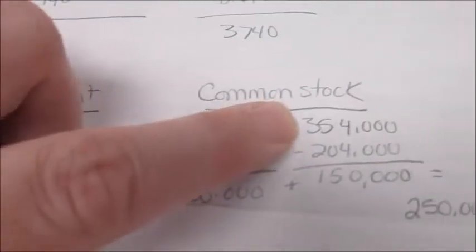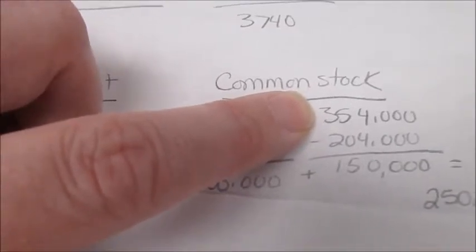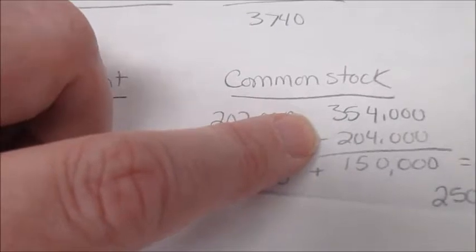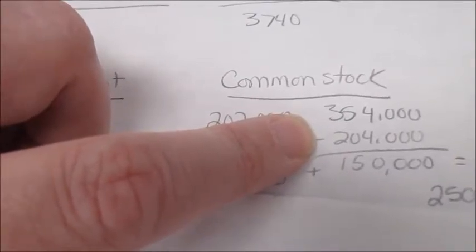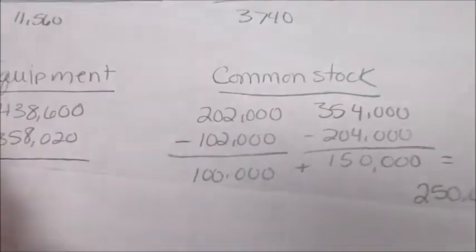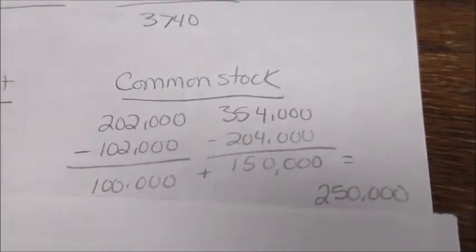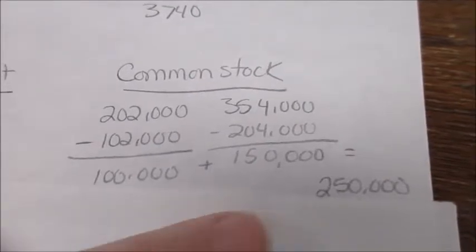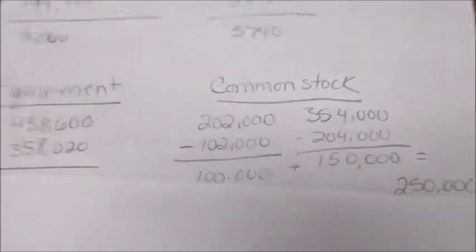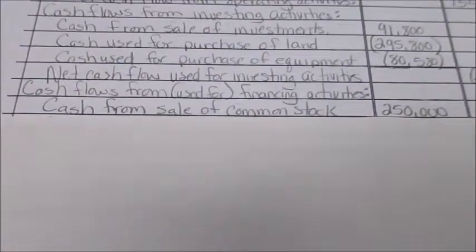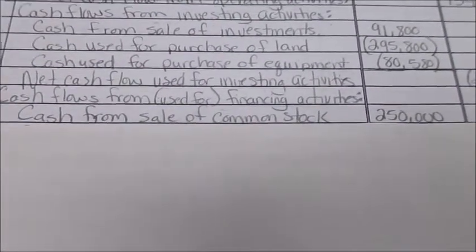We're also going to take the $354,000 from paid in capital in 19, subtract the $204,000 from 18, and we get $150,000. We're going to add those two numbers together, and we get $250,000. So this is the number we're going to use. So cash from the sale of common stock is $250,000.